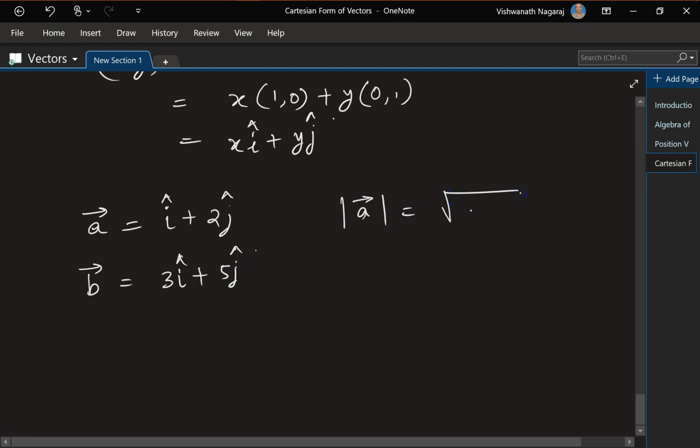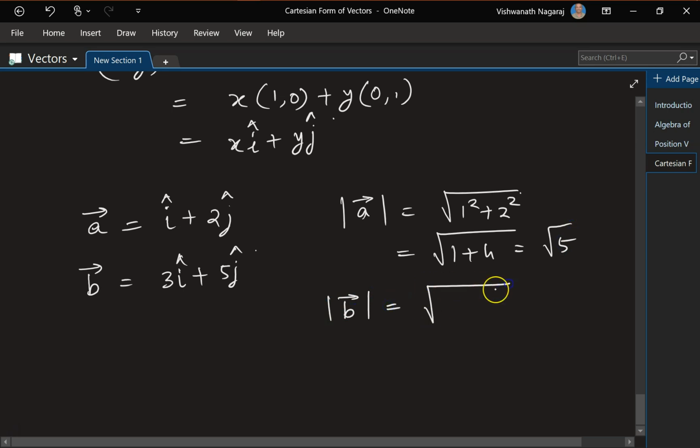Magnitude of A would be 1 square plus 2 square, which is 1 plus 4, which is square root of 5. Similarly, magnitude of B would be 3 square is 9 plus 5 square is 25, which is 34.